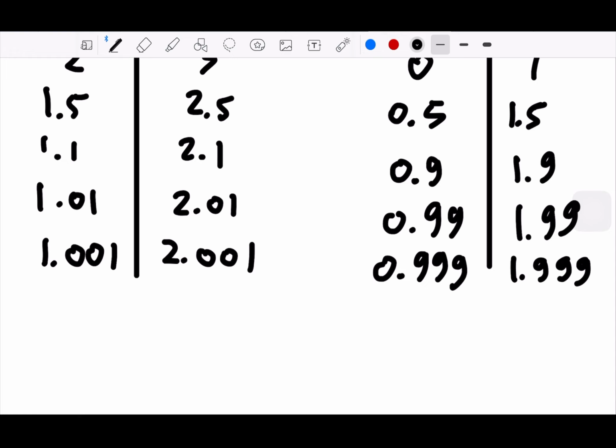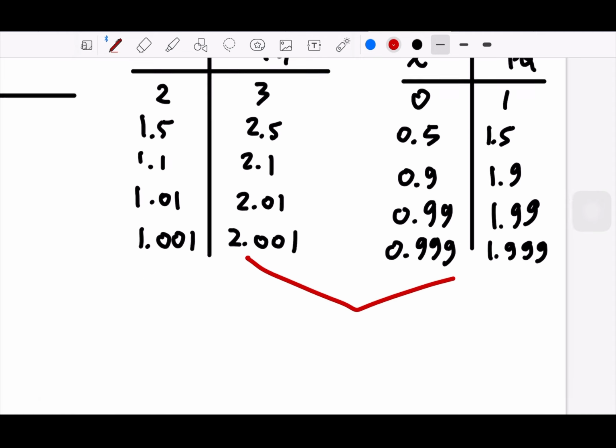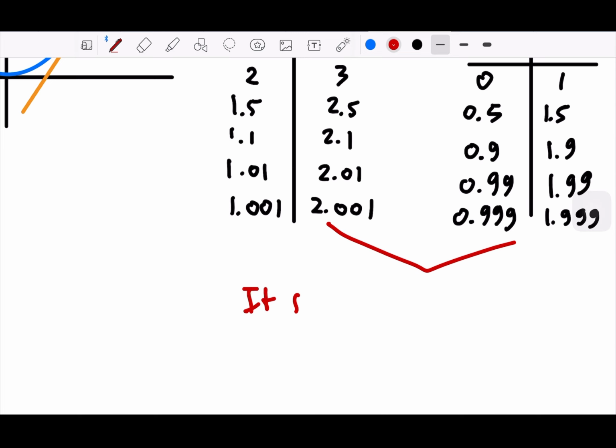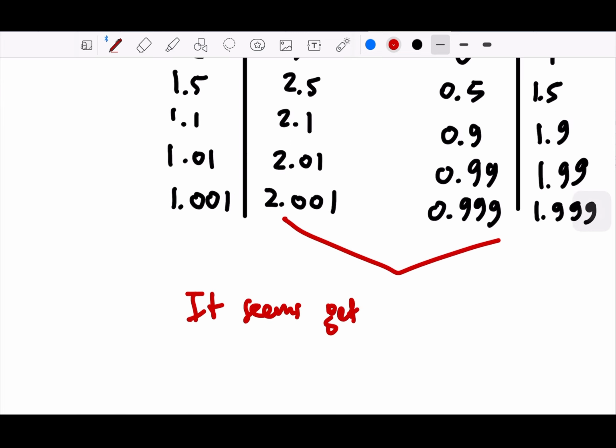The conclusion, what we have seen here, is getting closer to this number, right? Okay, it's getting closer. Let me write here. It seems getting closer to 2, right? Okay.